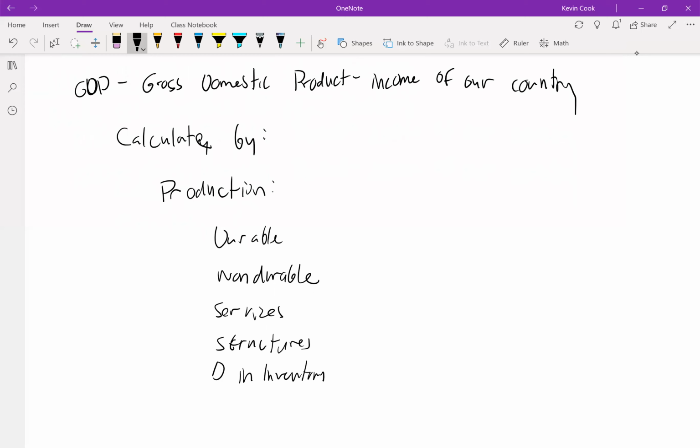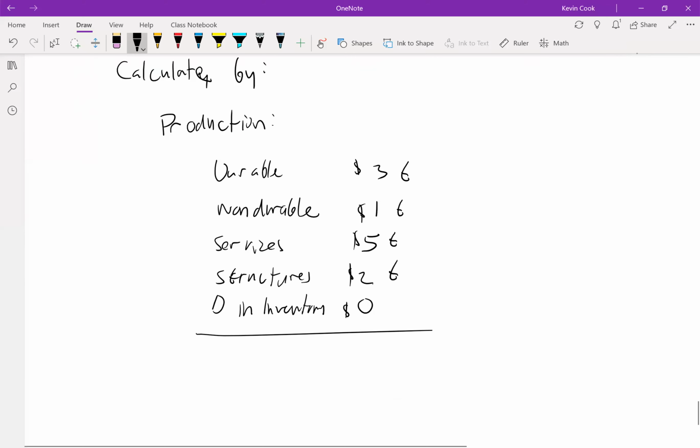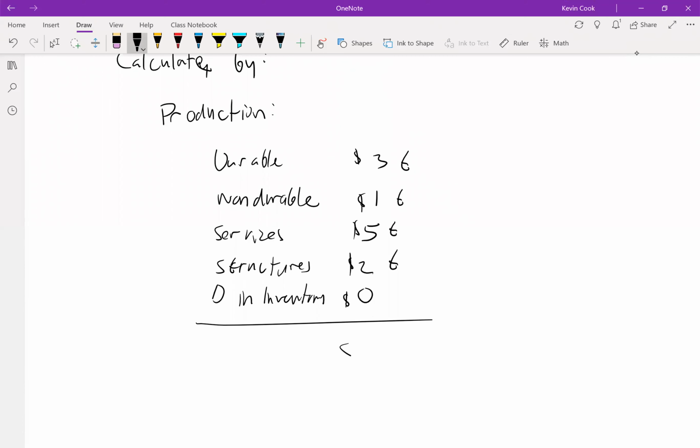So if we had something like 3, 1, 5, 2, and 0, and suppose that all of these are $1 trillion, because why not? If we add all these together, we get 3 and 2 is 5, and 5 is 10, 11. So in this economy, we would have $11 trillion.